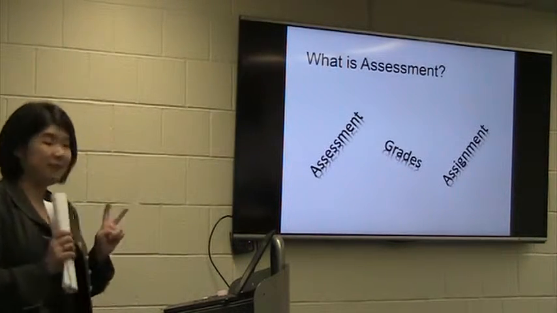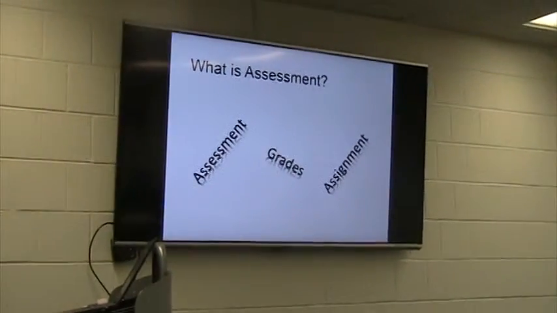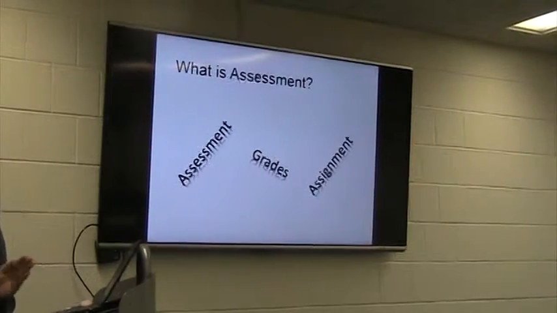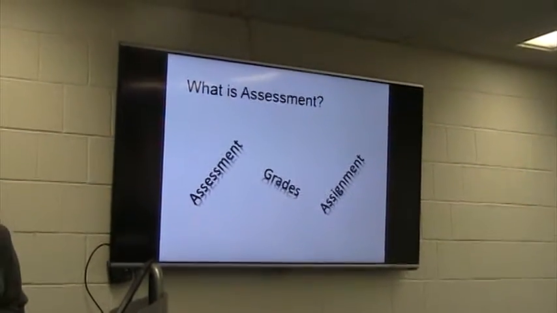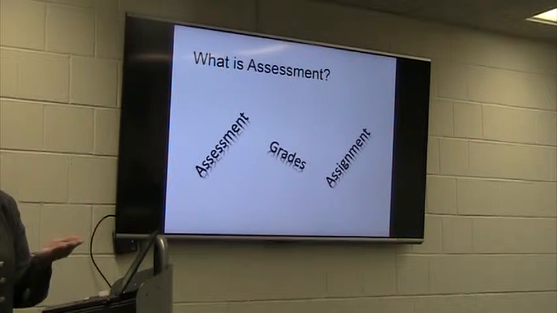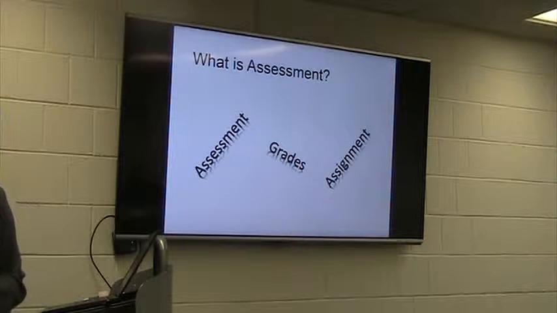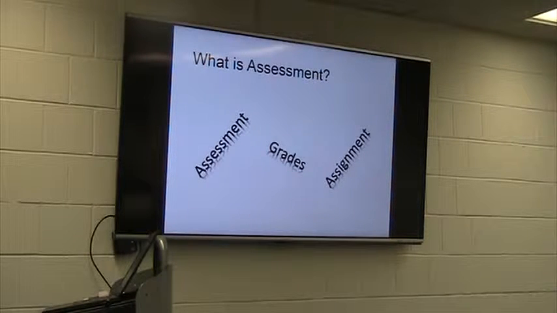So we talked about the definition of assessment and how assessment is different from a grade. You grade student work, students get their grade, and you also do assessment. How are they different? To me, it would seem like a grade is a one-time evaluation of one assignment, while assessment would be more systematic, taking place over an entire semester.